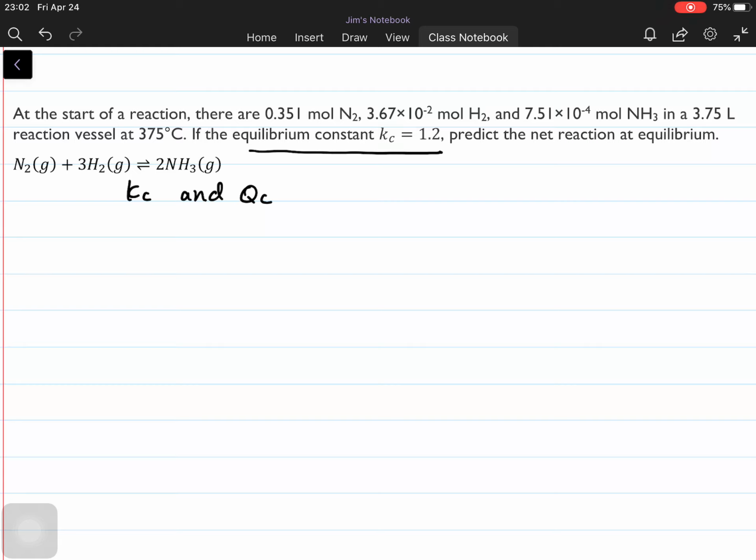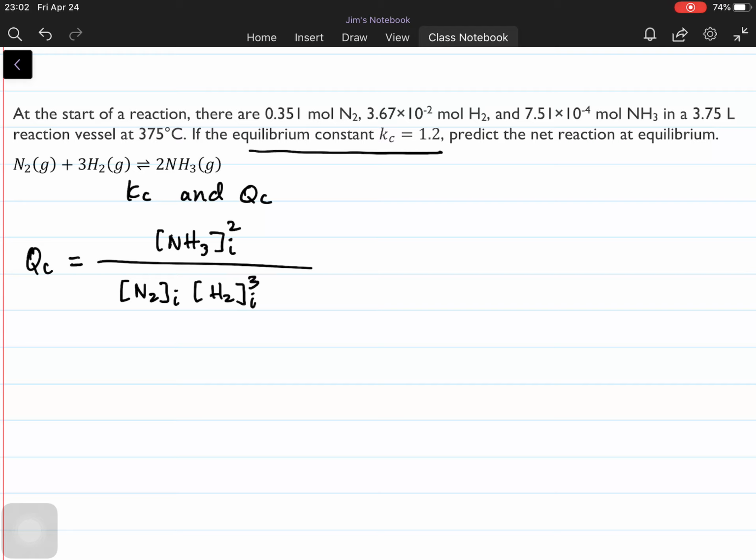So we have the reaction. Let's write the QC. QC is equal to the initial concentration of ammonia squared divided by the initial concentration of N2 times the initial concentration of H2 cubed.